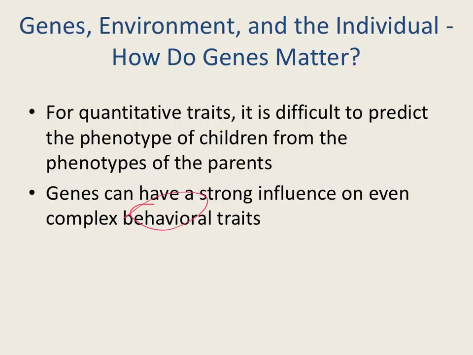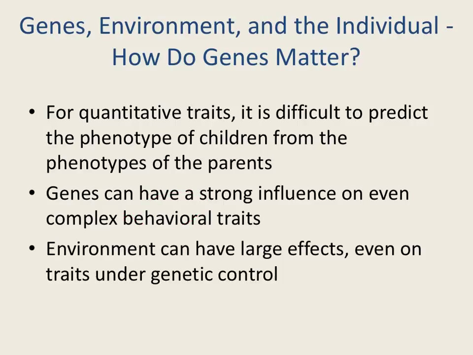But environment can have large effects even on traits under genetic control, kind of like I explained a long time ago in terms of how hearts develop. You have certain developmental genes, but the heart develops from the circulatory system that goes first, and then because of shear forces turning genes on and off between anterior, dorsal, all that kind of stuff, you end up forming a heart under the right cellular environment. And I believe that's it.